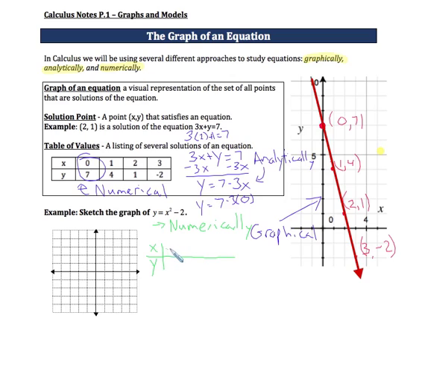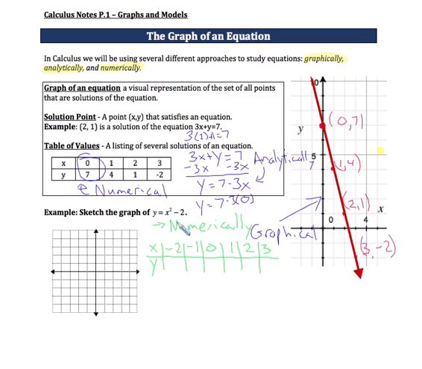I'm going to start at -2 and then work up from there: -1, 0, 1, 2, and 3. Your x values are ones that you can choose; it's our independent variable. Then we plug these values into y equals x squared minus 2.